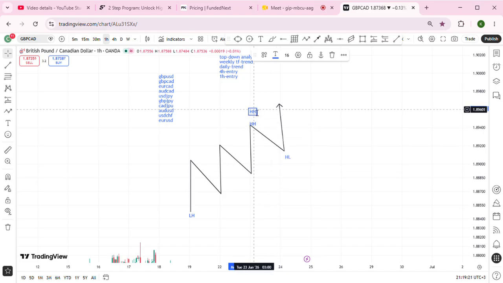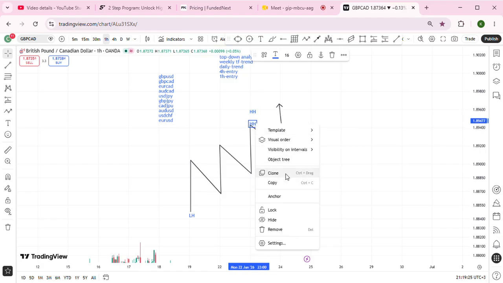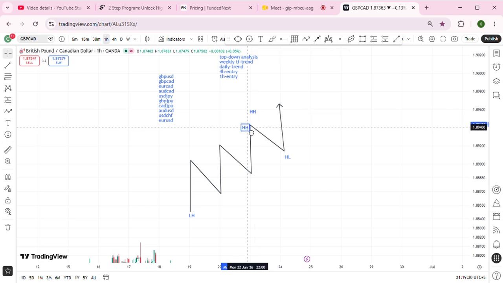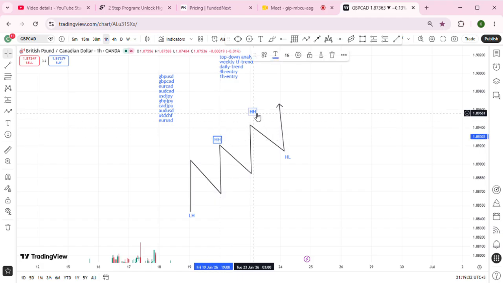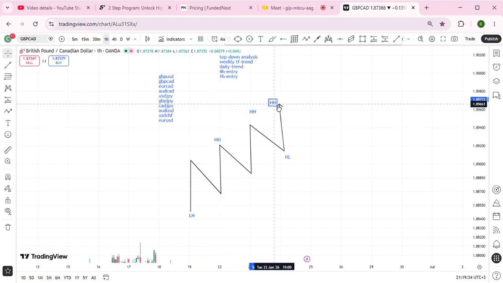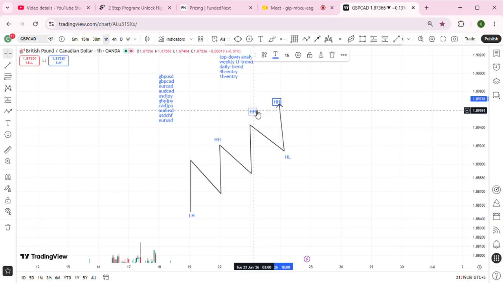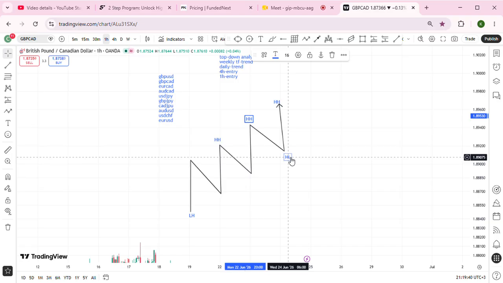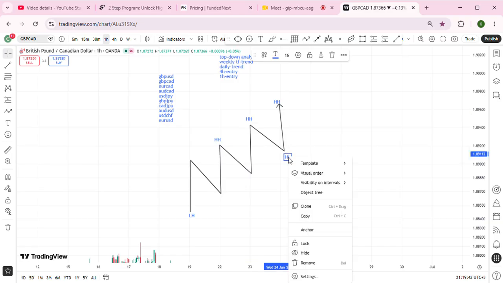That's how you know that the market is in an uptrend. These are the characteristics. If the market is giving you higher highs and higher lows, it will tell you that this market is in an uptrend.